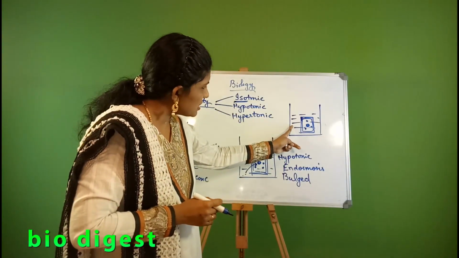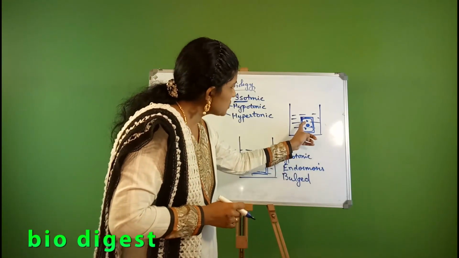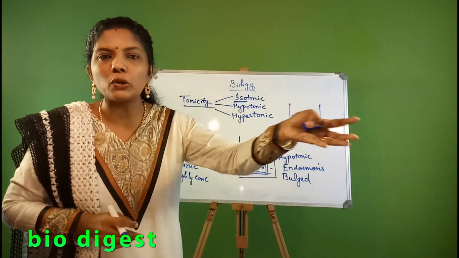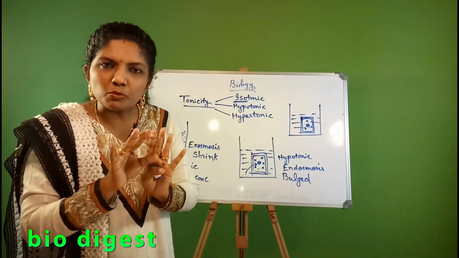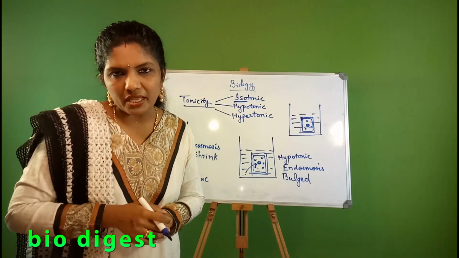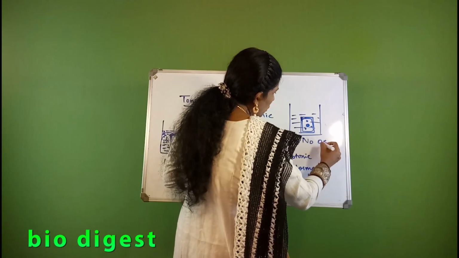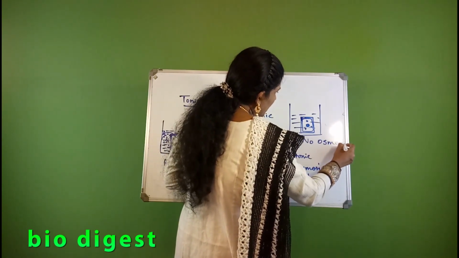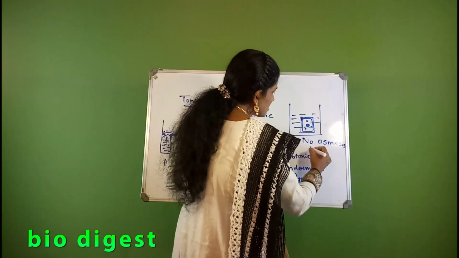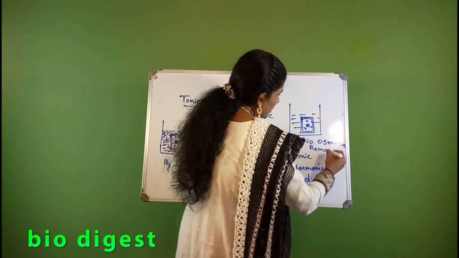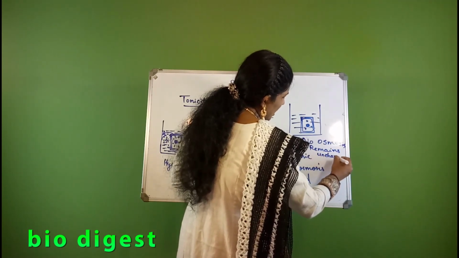Whatever the solute concentration outside the cell, the same will be the solute concentration within the cell also. In that case, no net movement of water molecules will take place. That means no osmosis will happen. If no osmosis is taking place, what will happen to the size of the cell? The size of the cell remains unchanged. It will be the same itself.